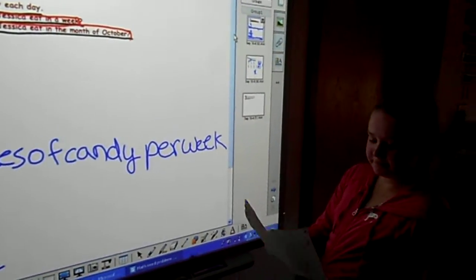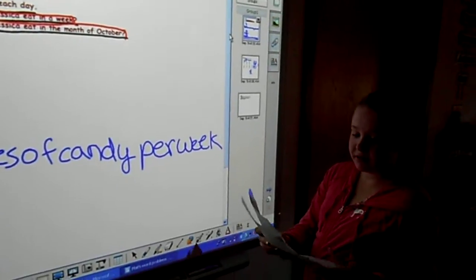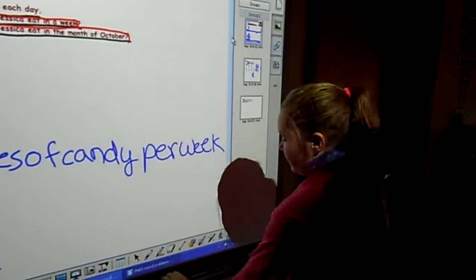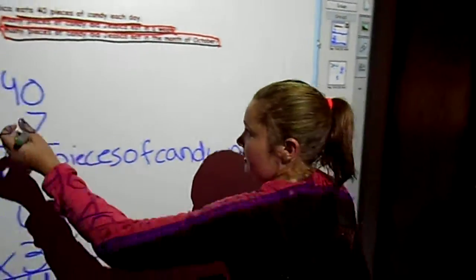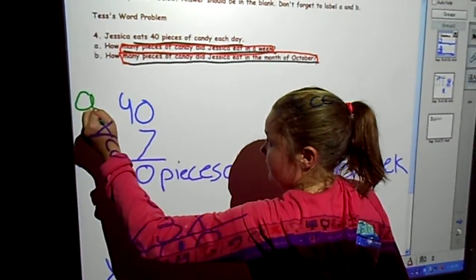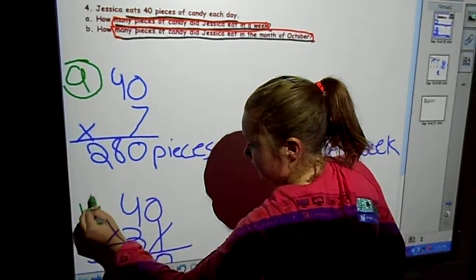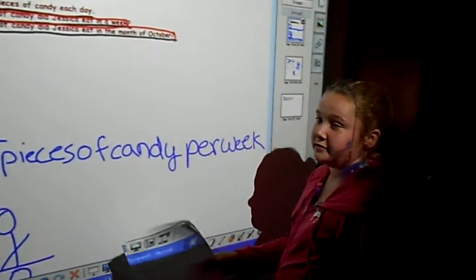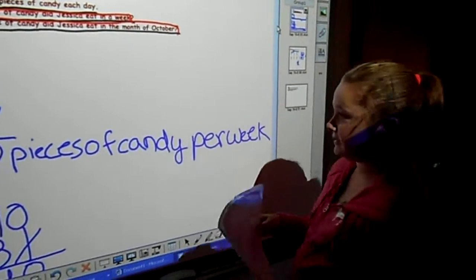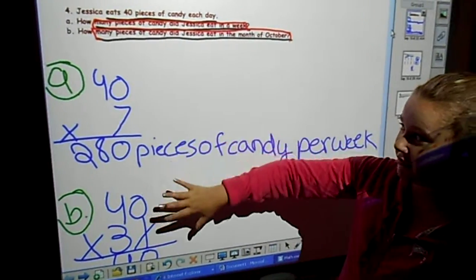And then you have to label all your answers so the teacher knows what part you're doing.